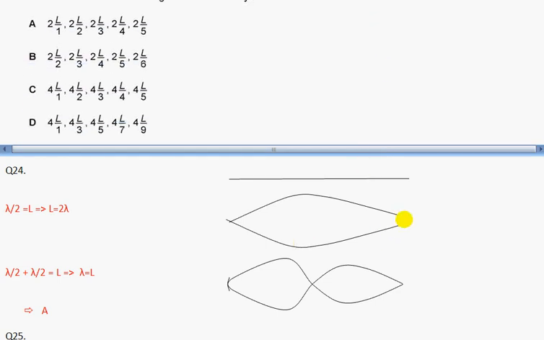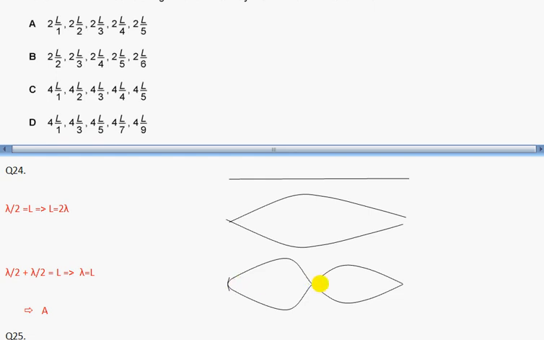So first frequency is node. So between two nodes we have lambda over 2 and lambda over 2 equals the length of the string. So L equals 2 lambda. Then we have node in between. So node and node is lambda over 2 and it equals half of the length.